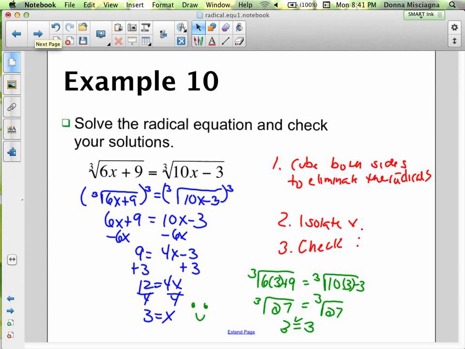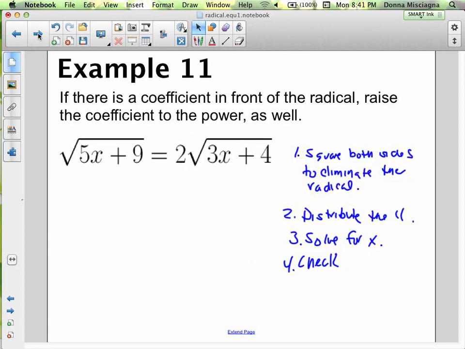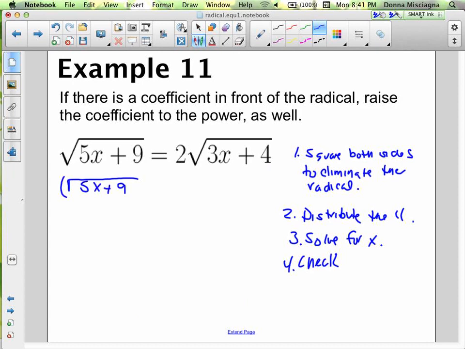On all of these problems, we're going to have radicals on both sides. So you really can't do a lot of isolating like this one. Notice there's a coefficient. It really is kind of pointless to divide both sides by 2 because you just end up with a 1/2 on the other side. So instead we can square that. It's not that bad because it's a product. So we have the square root of 5x plus 9 squared.